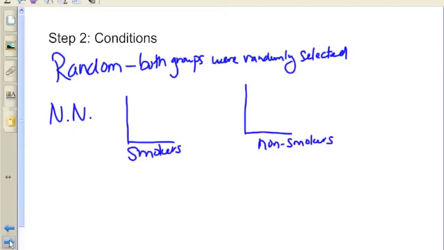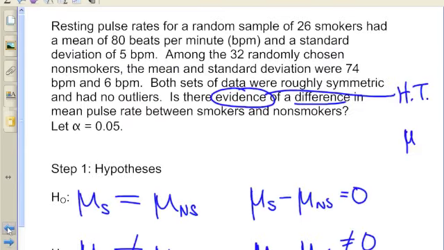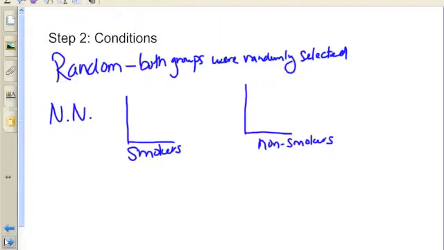Okay, I know what you're thinking. You're thinking, Ms. Curtis, how am I going to graph this? They didn't give me any data. You're right. They gave us something really sneaky. It's like hiding in here. Right here. Both sets of data were roughly symmetric and had no outliers. They're telling you what the graphs looked like. That's kind of cool. So instead of drawing graphs, I'm going to skip that.